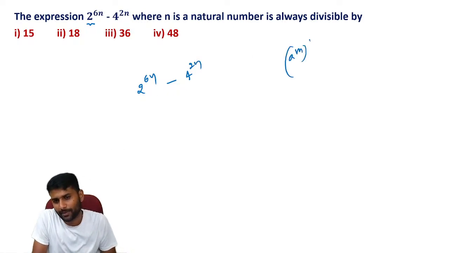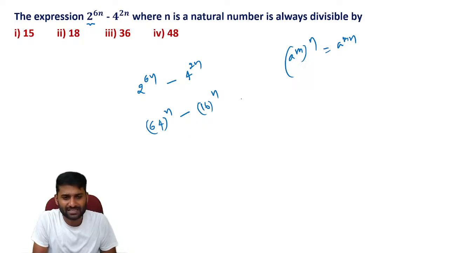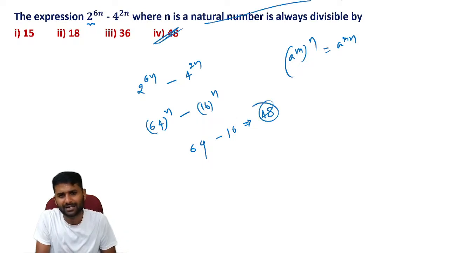Use this property: a power m whole power n is a power mn. Now 2 power 6 can be taken as 64 whole power n, minus 4 square, which means 16 power n. And n is any natural number. So let's take n equal to 1. Here the difference of 64 minus 16 is equal to 48. They clearly mention that n is a natural number.